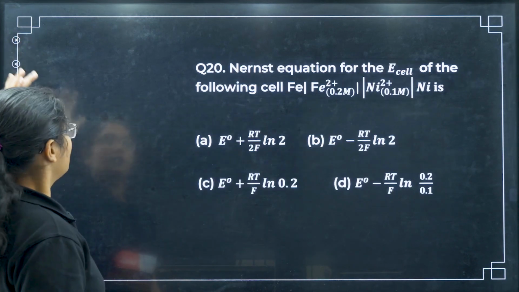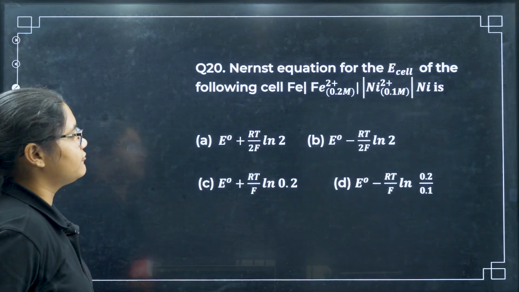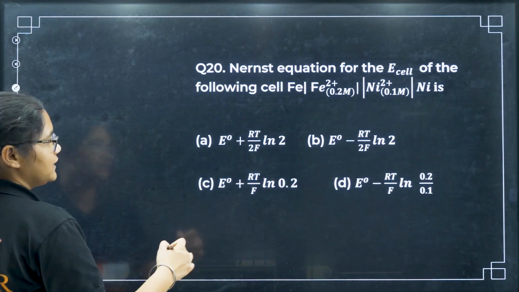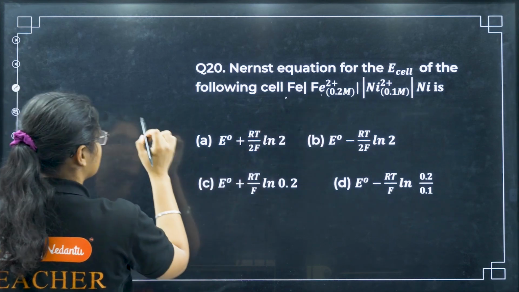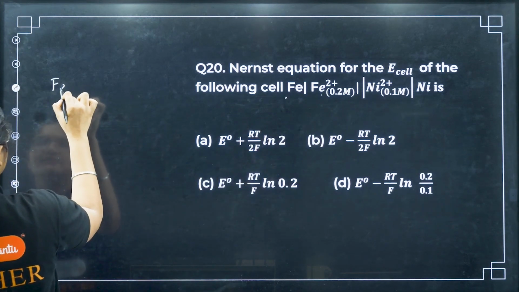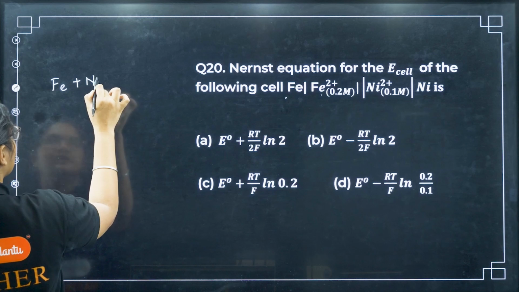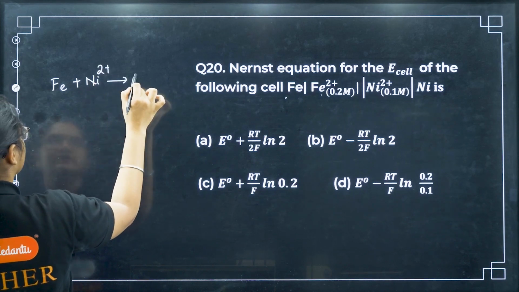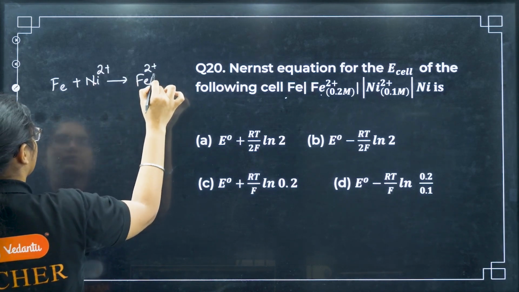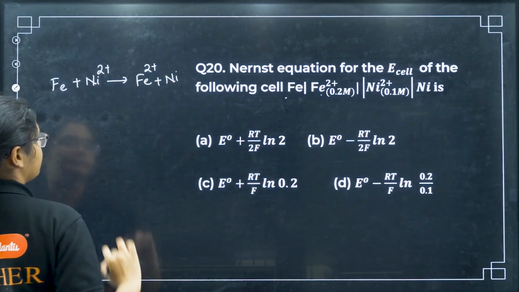Next, Nernst equation for the given cell. So if you see here, Fe to Fe2 plus, what is the equation? The final equation is like this, Fe plus Ni2 plus gives you Fe2 plus plus Ni, right?